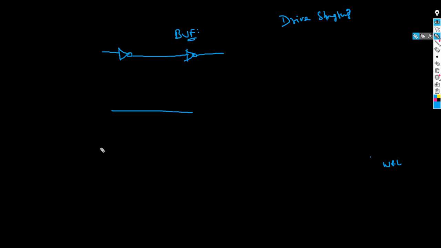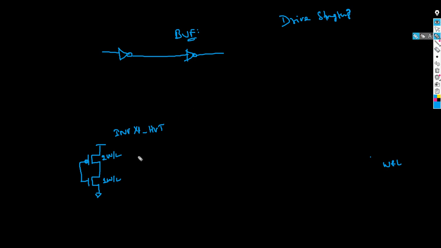We were talking about W by L. Say this is 2W and this is 1W by L. Assuming this is inverter X1 and HVT type.